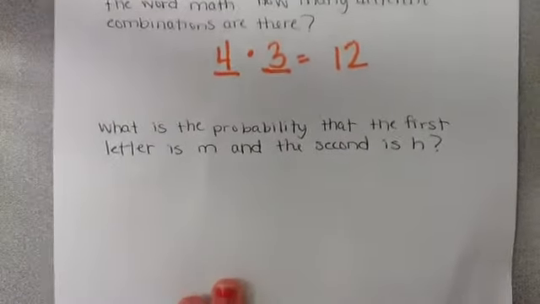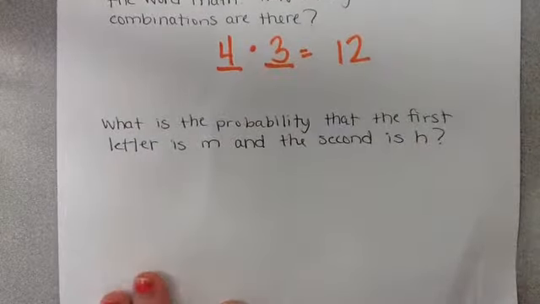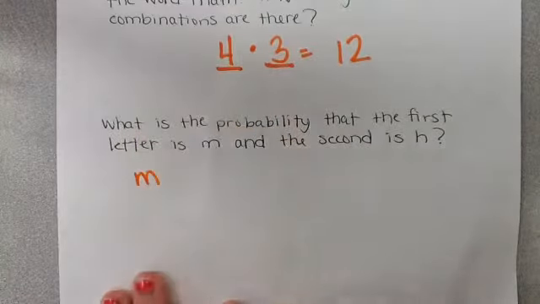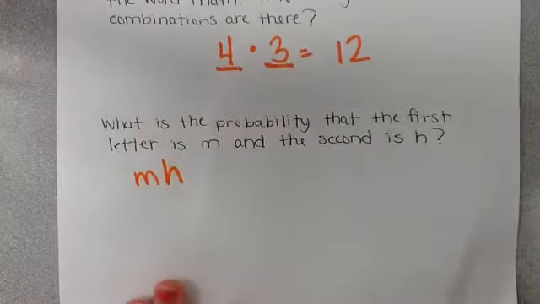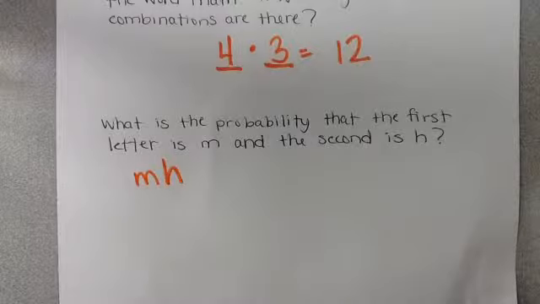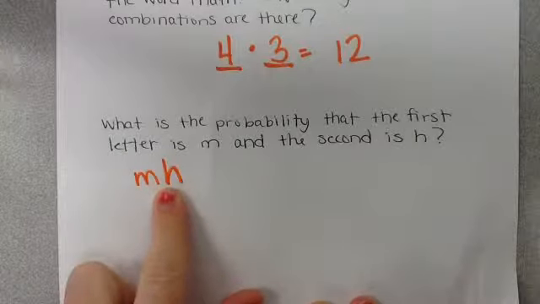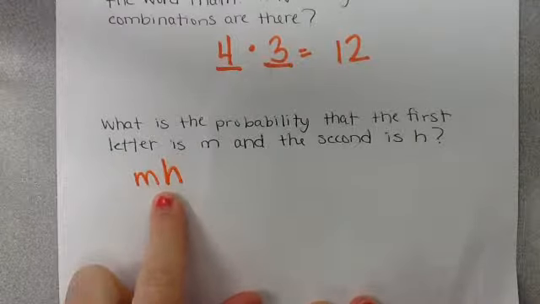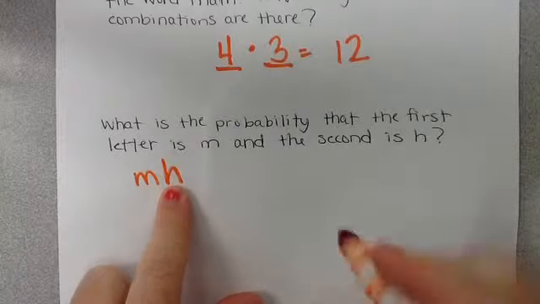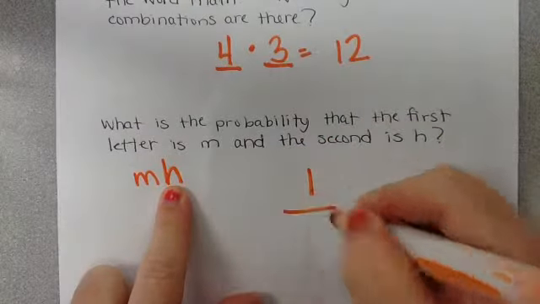Using that, what is the probability that the first letter is M, the second letter is H? That is 1 option. Okay? There's no other way to get M than an H. It's already here. I can't do it again. So I have 1 way to go M, then H. So there's 1 possible way.